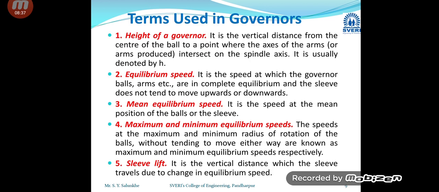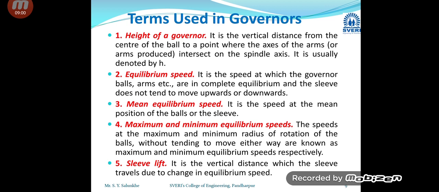Out of that, first is the height of the governor. It is the vertical distance from the center of the ball to the point where the axes of the arms, that is the arms on which the balls are connected, intersect on the spindle axis. This is very important, that is, on the spindle axis.